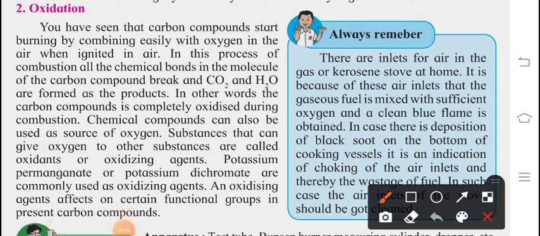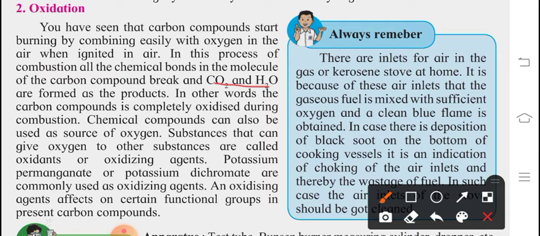We have seen that carbon compounds start burning by combining easily with oxygen in air when ignited. In this process of combustion, all the chemical bonds in the molecule of the carbon compound break, and carbon dioxide and water, which is H2O, are formed as products, as we have seen in the combustion reaction.